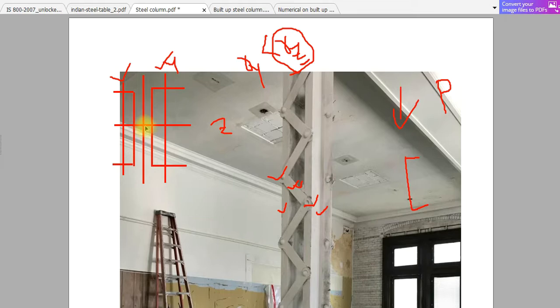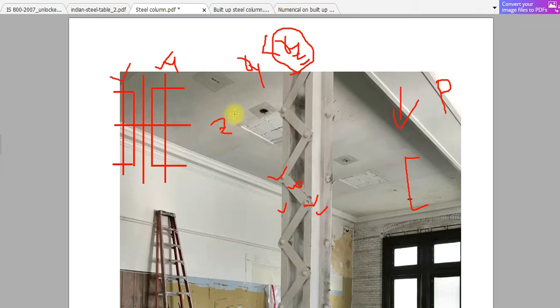So the y-axis will be shifted, because there are two standard sections, and due to this arrangement, the y-axis will be shifted to the center of these two channel sections. Now by making this arrangement, we can increase the radius of gyration about this y-axis, because the z-axis is not changing. The location of the z-axis is the same, but the y-axis is changing.